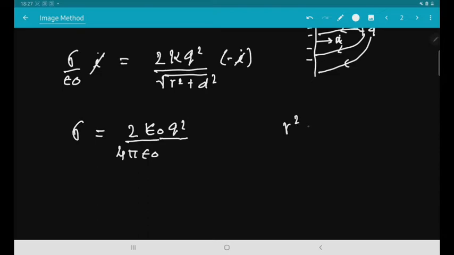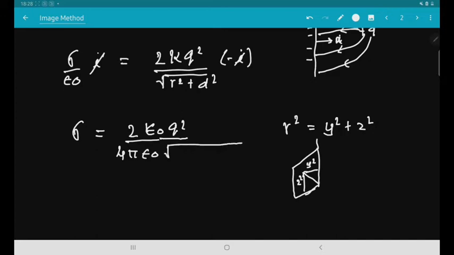Now we can also take r square will be equal to y square plus z square. Because remember, we had taken the plate in the y and z direction. So r square will be equal to y square plus z square. So we will put that value also here.